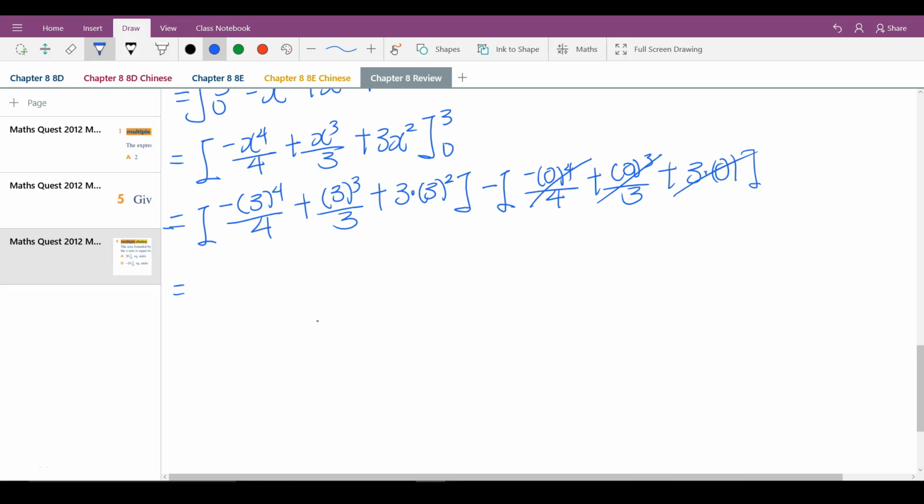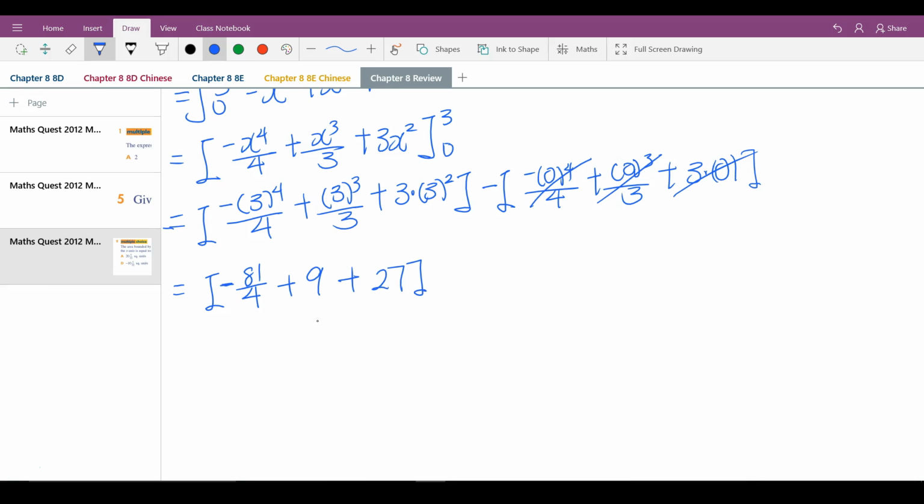Alright, so let's focus on the fun bit. 3 to the power of 4 is 81 over 4, plus 3 to the power of 3 divided by 3, that just means 3 to the power of 2, that is 9, plus 3 times 3 squared, that just means 3 to the power of 3, which is 27.